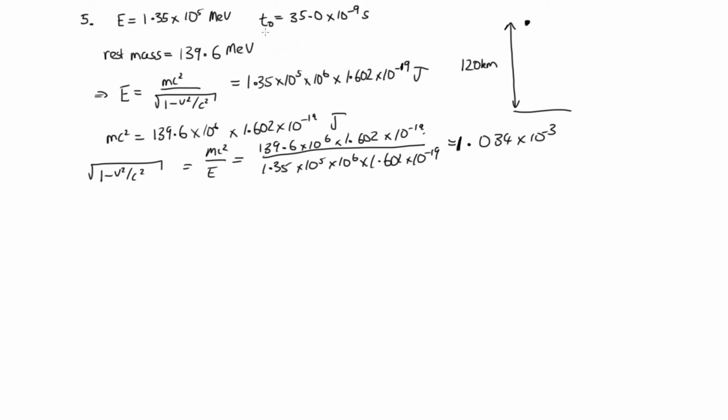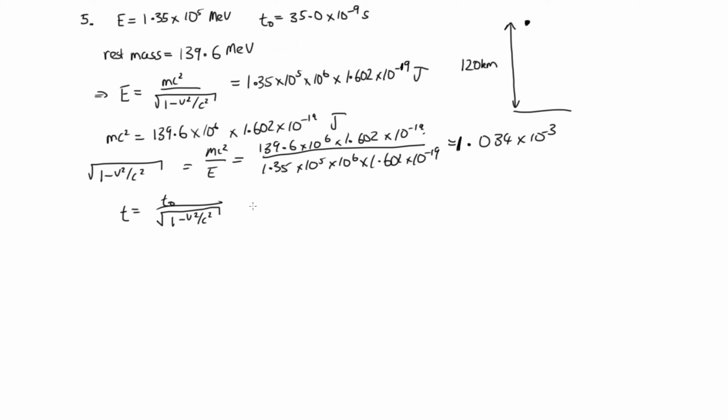Now, what we know is the lifetime of the pion in its own frame. But the pion's going fast, so it undergoes time dilation. So we're going to have to look at our time dilation equation, which tells us that the time it lives in the Earth's reference frame is equal to the time it lives in its own reference frame divided by the square root of 1 minus v squared on c squared, which we have just calculated.